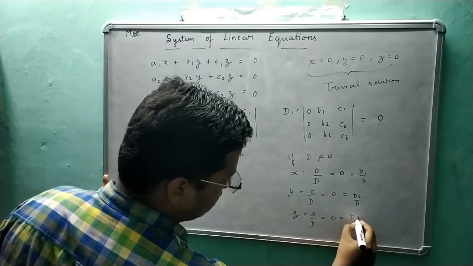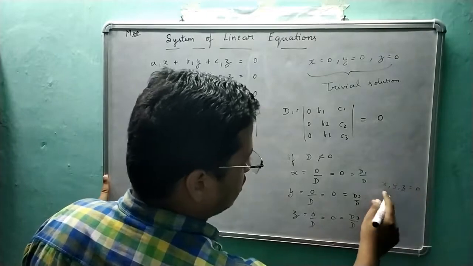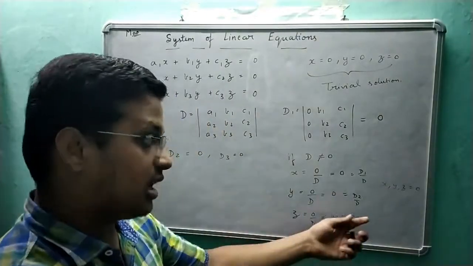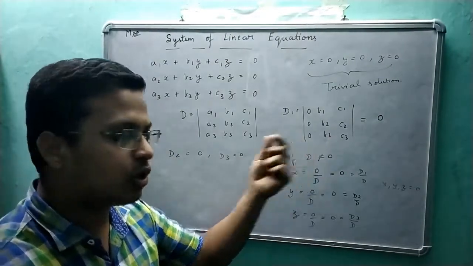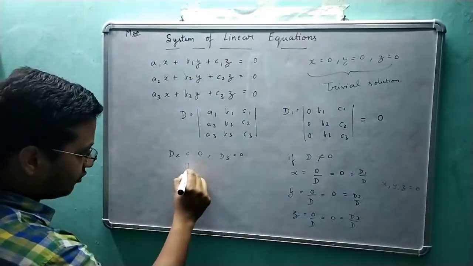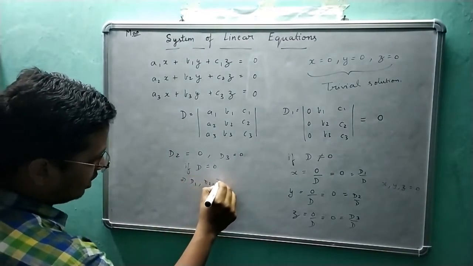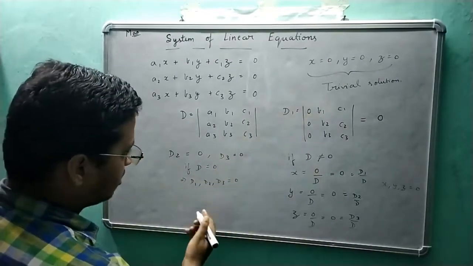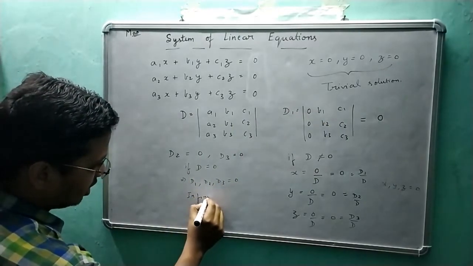So X, Y and Z are 0. And there is only one solution, and this solution is the trivial solution. This happens if D is not equal to 0. But if D is equal to 0, then D1, D2 and D3 are also 0 beforehand. Now all the four are 0, so the system has infinitely many solutions.